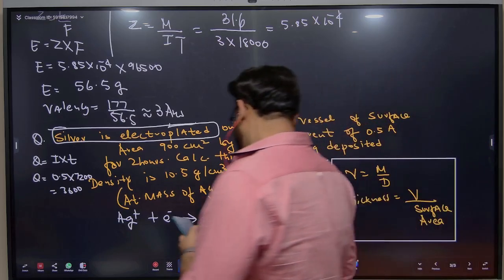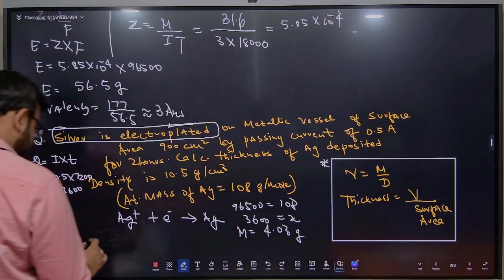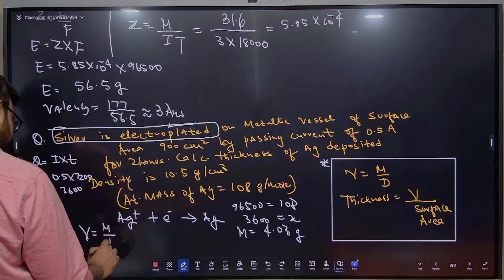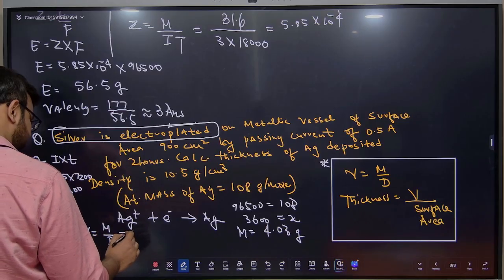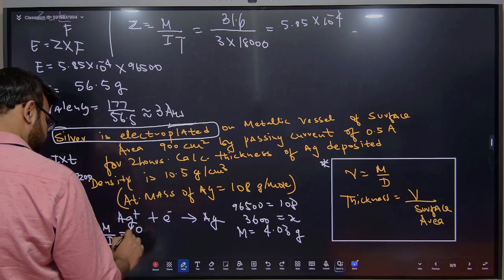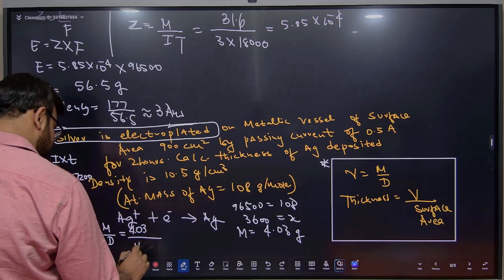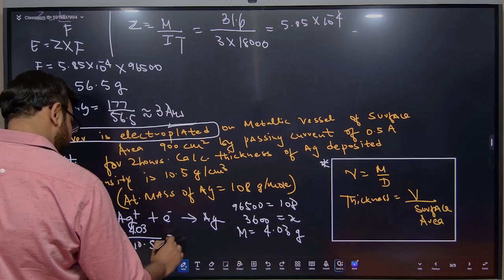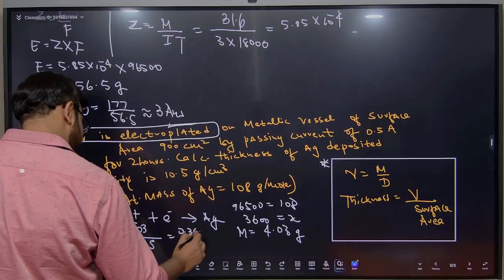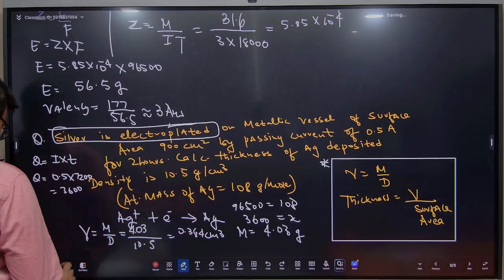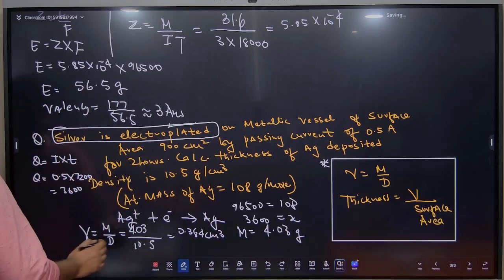So volume will be mass by density. Mass by density, that is 4.03 by 10.5, and then thickness.